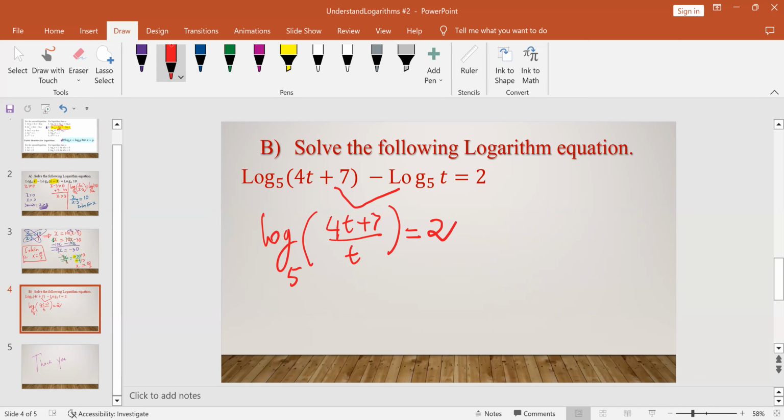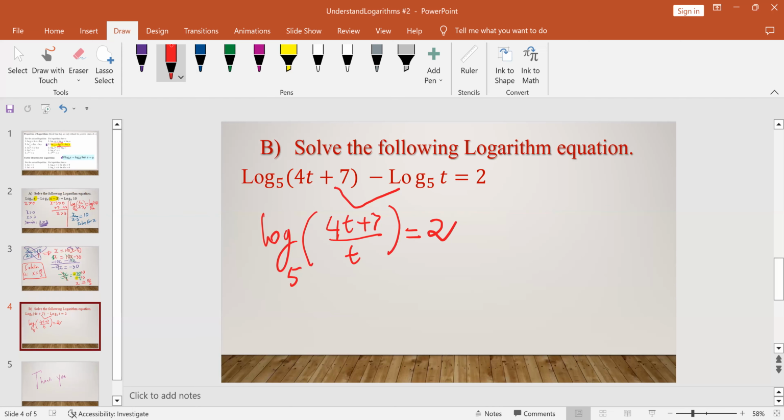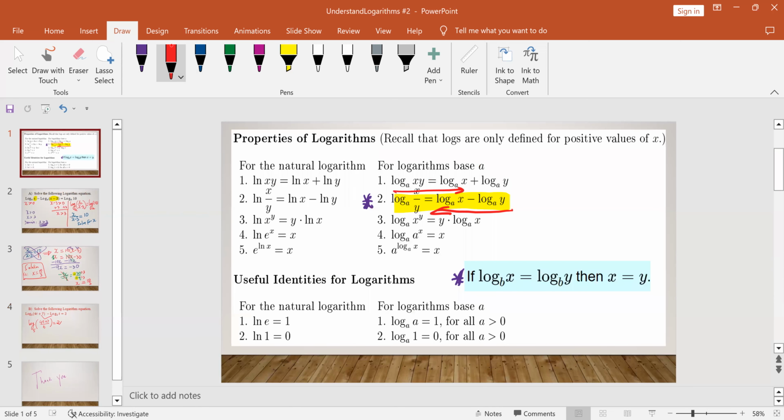Okay, having this, there is another property we'll see for log. Yeah, this is the property here. So we have a log. Let's highlight it. No, it's not that one.